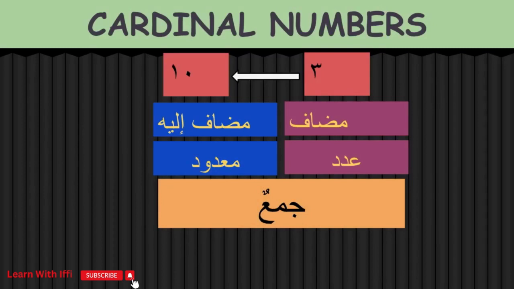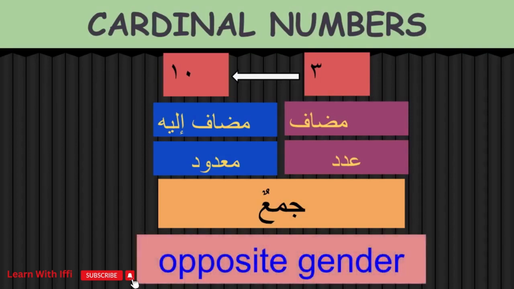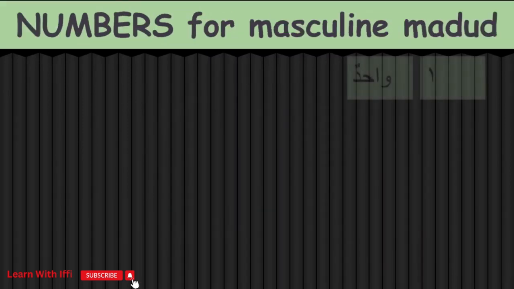So we say 3 pens, thalathatu aqlamin, khamsatu riyalatin, and they are in opposite gender. A masculine noun will have a feminine number with ta marbuta, and a feminine noun will have a masculine number without ta marbuta. That's the difference here.